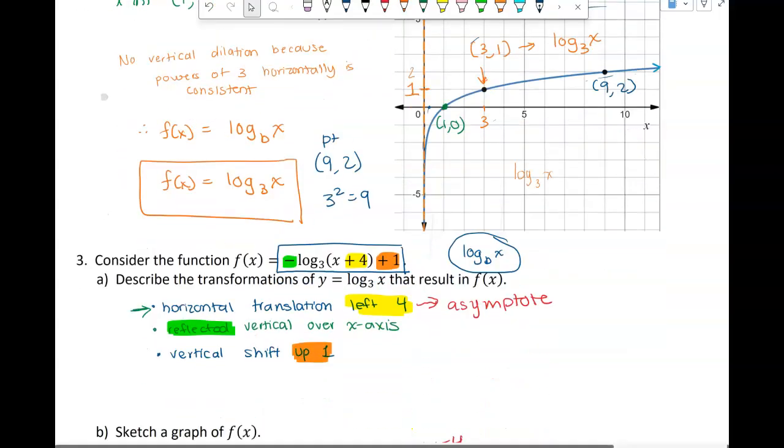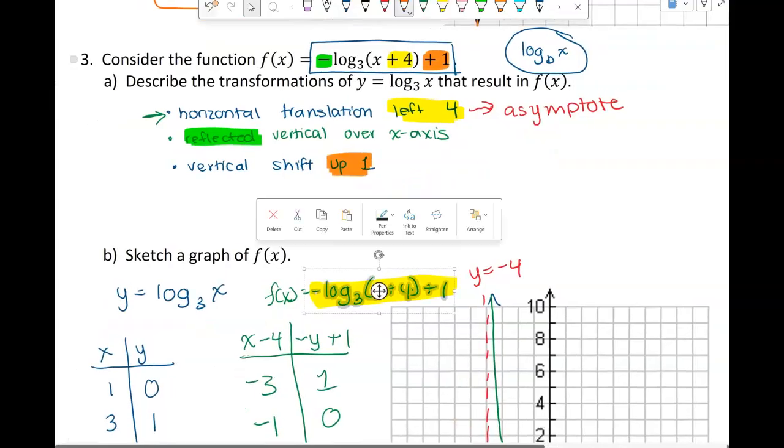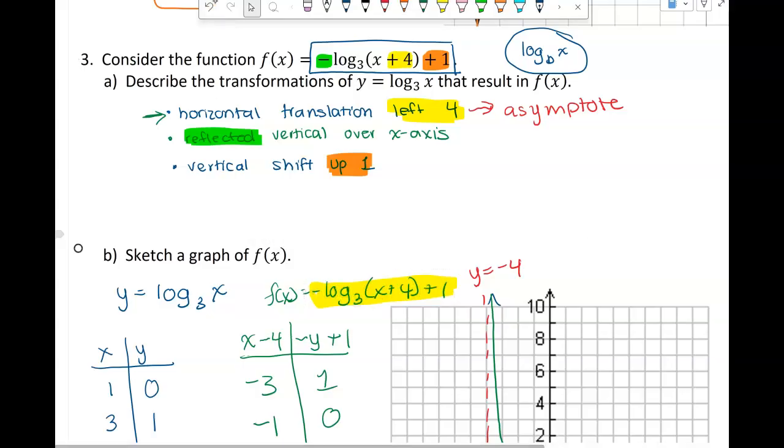Okay? All right, so what happens if we are given the equation? Here we have f(x) equals negative log base 3 of (x plus 4), and then plus 1 at the end. Well, if I had to state what all the transformations are, think back that this is our function here.